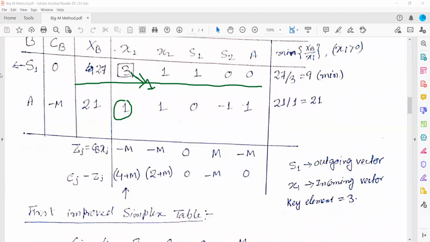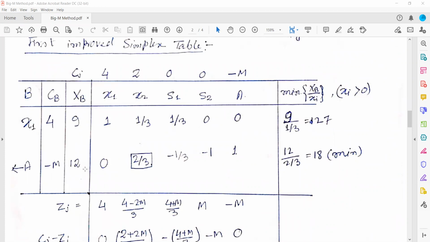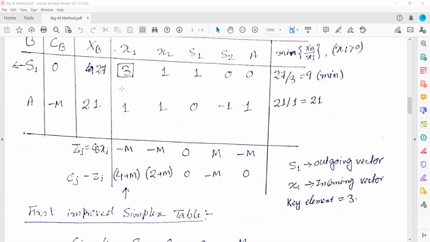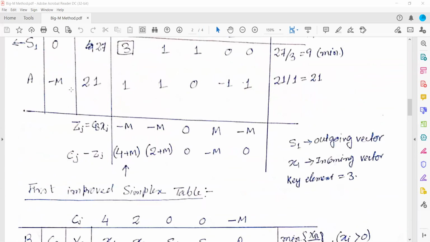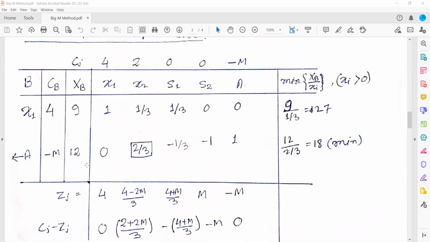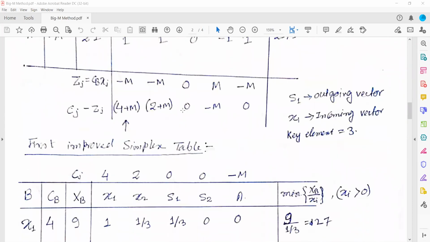Since it is already 1, just simply subtract from there, and this will become 0. So after subtraction, you'll get this one. This is 1, no? And this one you need to make 0, so this minus this. So that you will get this, just I'm showing 1.